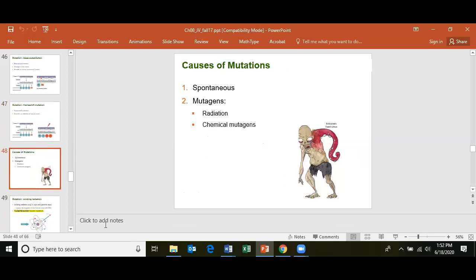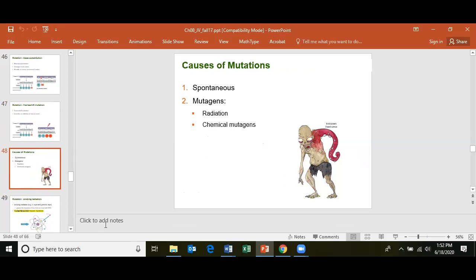All right, so we talked about mutations. Mutations can be spontaneous, where they're simply made when DNA is replicating and a mistake is made in the replication of DNA. And that's a spontaneous mutation. Mutations can also result from a mutagen.